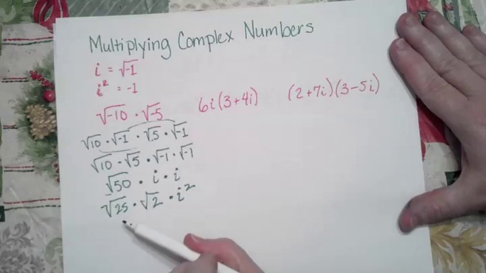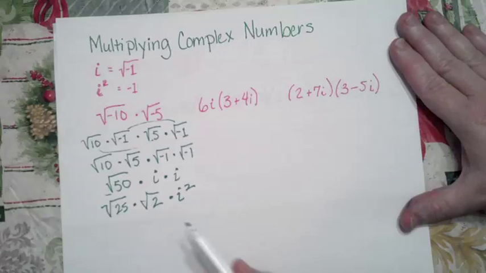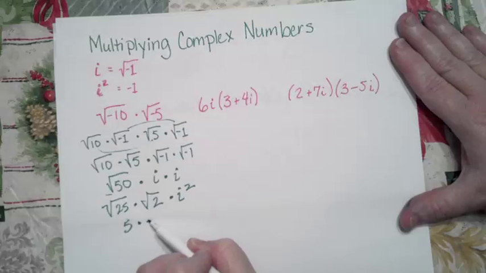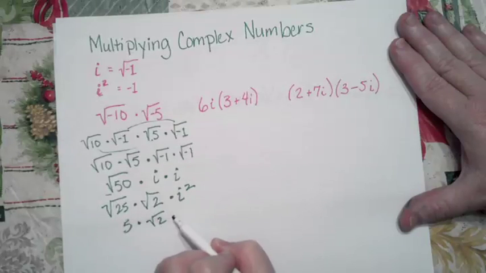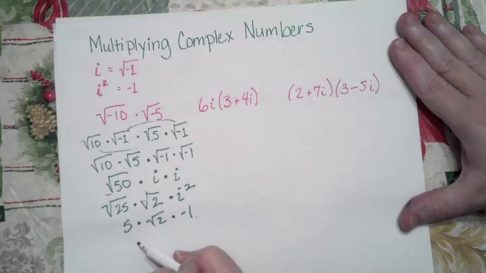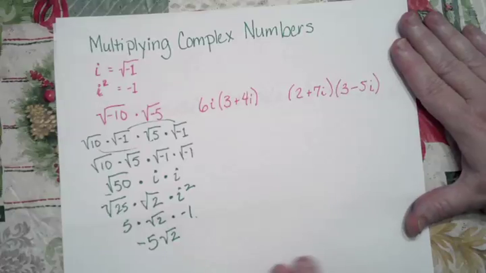And the square root of 25 is 5. So I have 5 times the square root of 2 times negative 1. And when I multiply these together, I end up with negative 5 times the square root of 2.